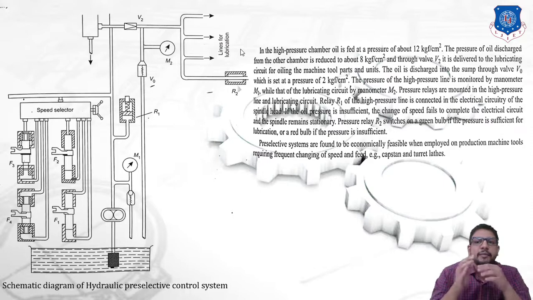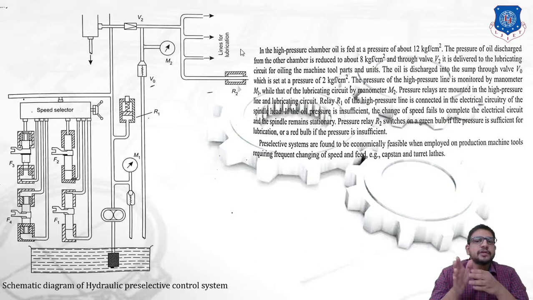The pressure of the high pressure line is monitored by the M1 manometer, which I have discussed, and that of the lubricating line is measured by the M2 manometer. Now pressure relays are mounted in the high pressure line and the lubricating circuits. Relay R1 of the high pressure line is connected in the electrical circuitry of the spindle head.